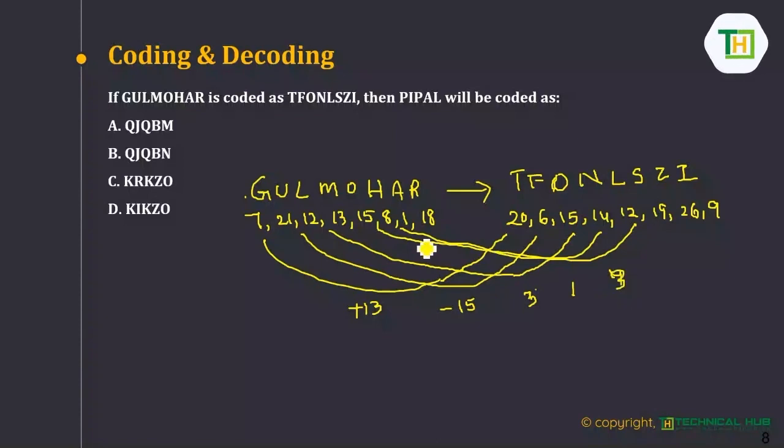And 8 is changed to 19, means adding plus 11. And 1 is changed to 26, means adding plus 25 or subtracting. Means if you observe the difference, the logic is not related to any particular pattern. So 18 is 9, means subtract 9.